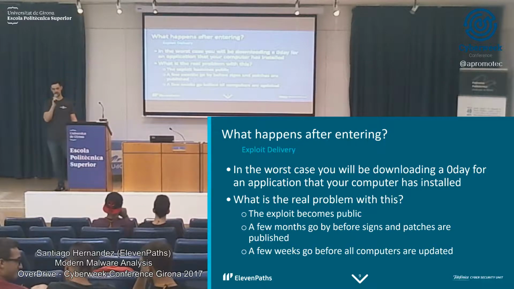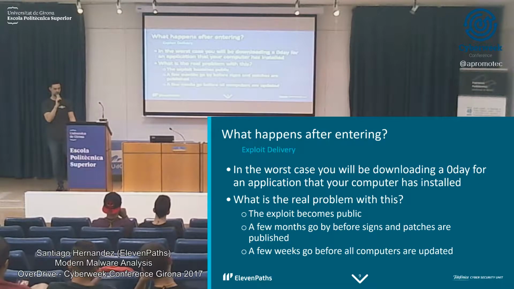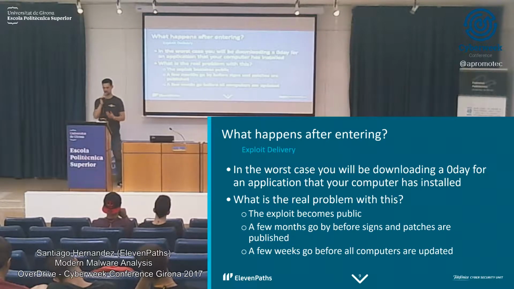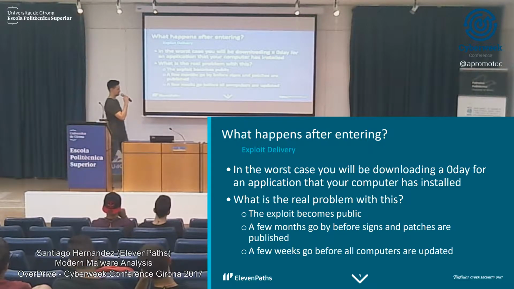When a 0-day is released and an exploit becomes public, a few months pass between the moment the exploit code becomes public and the moment security firms start to release patches for that exploit. And some more days pass between when the patches are public and when the companies start updating their servers and their machines.